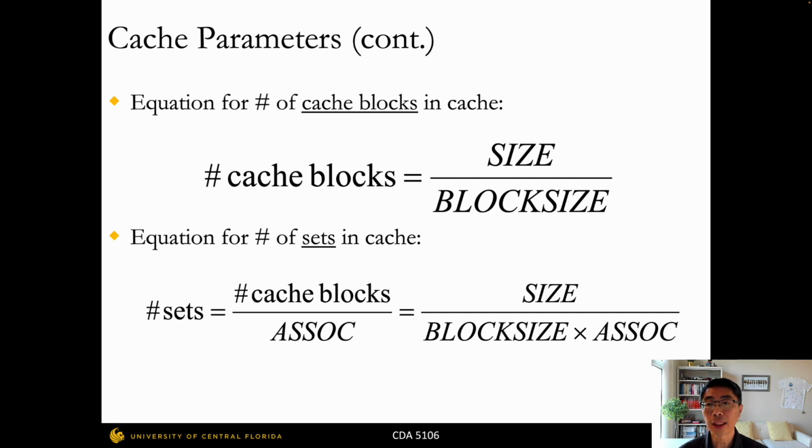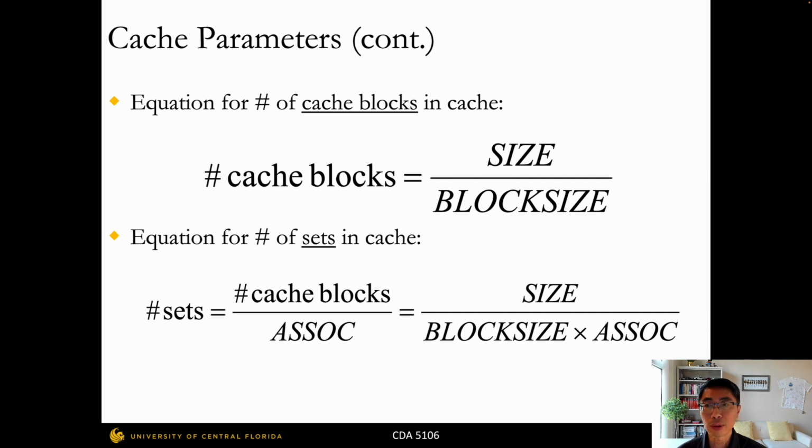Then to find the number of sets, we further divide the number of cache blocks by the associativity. If we combine the two formulas, we get C divided by AB: the cache size as the numerator, divided by block size times associativity.